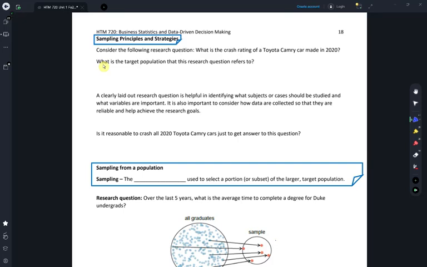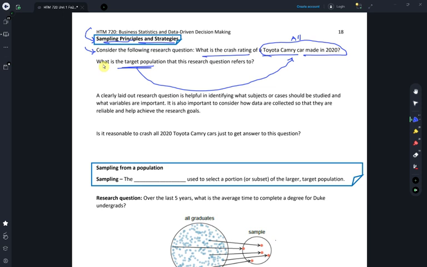Our goal is to focus on sampling procedures or sampling principles and strategies. Suppose we wanted to answer the research question: what is the crash rating of a Toyota Camry car made in the year 2020? You agree with me that the target population would be all Toyota Camry cars made in the year 2020.